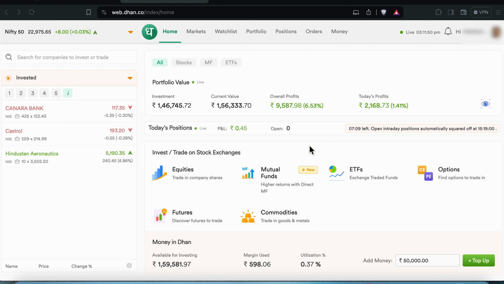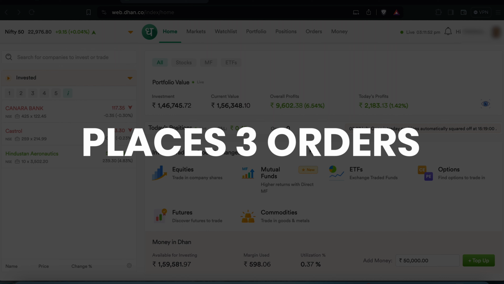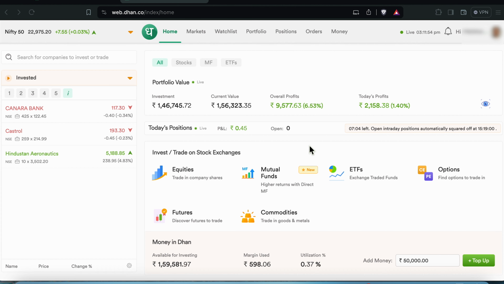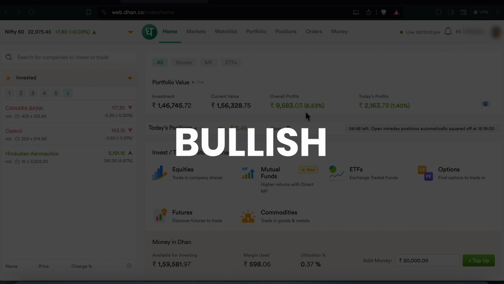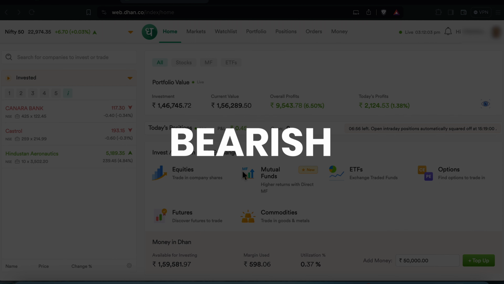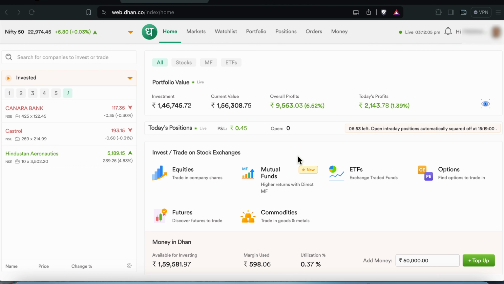Now bracket order, simply put, places three orders at once with the exchange in a way. First, you decide which stock you want to take a position in. You could take a bullish position, you could take a bearish position. So it could be an intraday trade on either side.